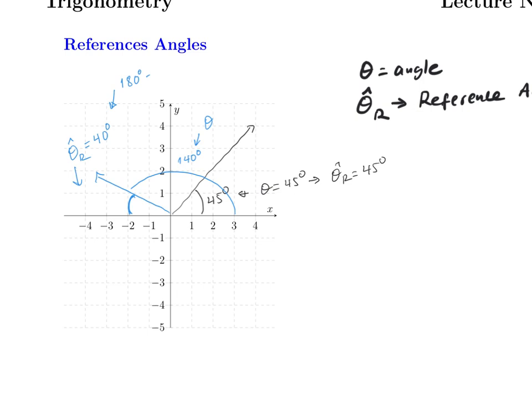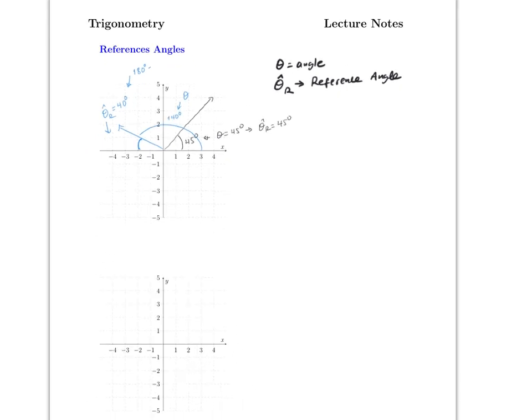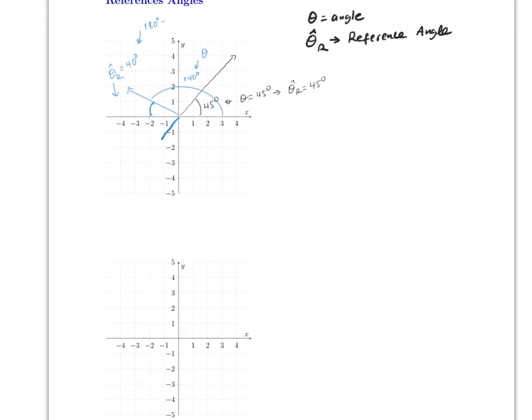Okay? If it is in the third quadrant, so you are here, then let's say that this is the angle, it goes from here to here. So for this one, let's say theta is 250.